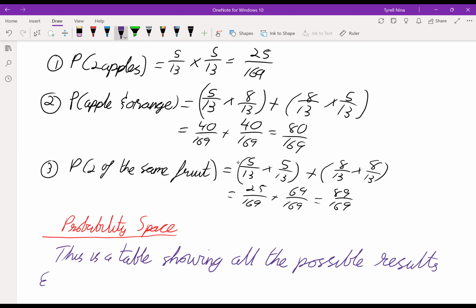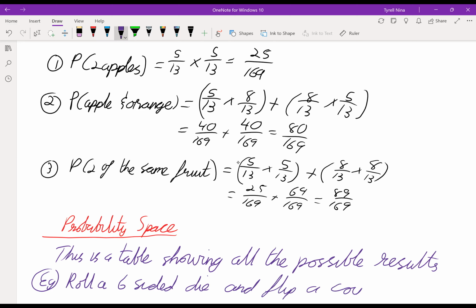So for example, roll a 6-sided die and flip a coin. So we'll take this down.